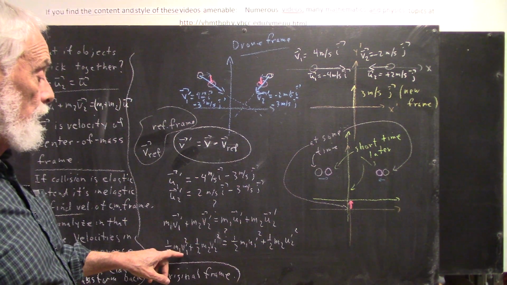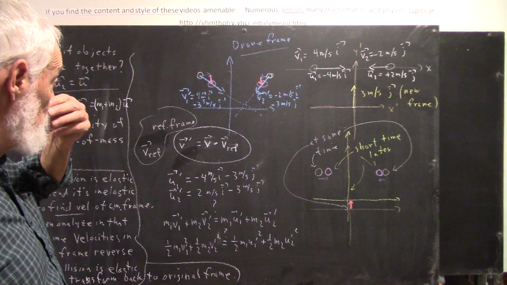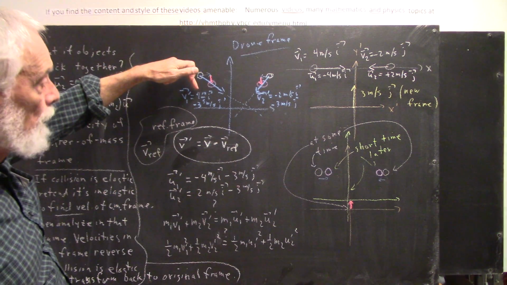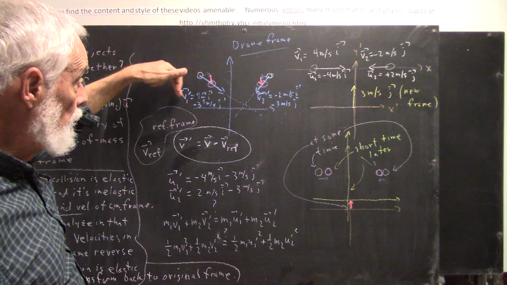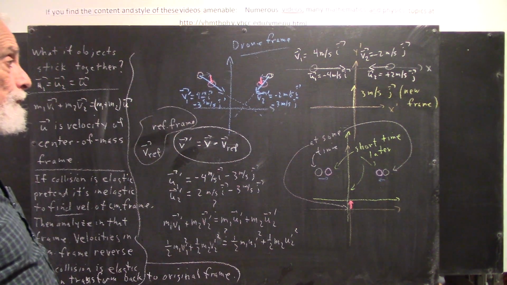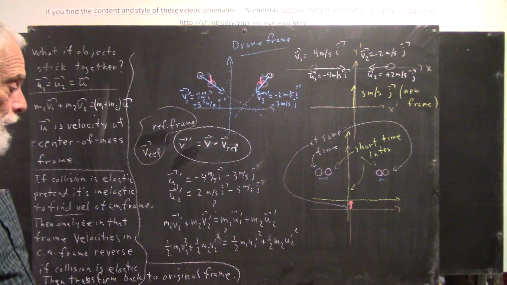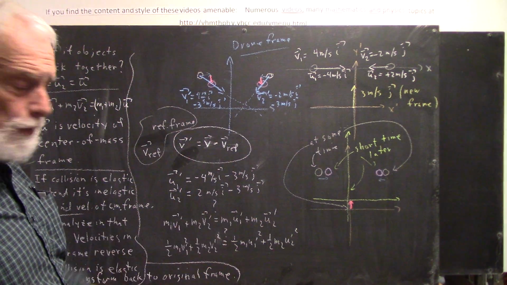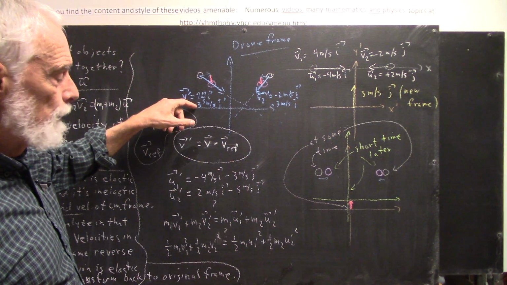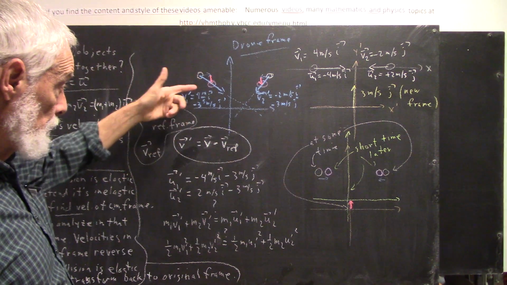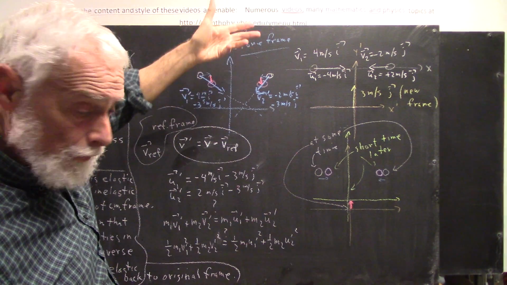Okay? Take the speed, the magnitude of this velocity v1 prime, and in this case, 4 squared and 3 squared makes 25, square root of which is 5. v1 prime is just going to be 5 meters per second. v2 prime is going to be what? Square root of 13 meters per second. But we're going to square those, so we don't have to worry about the square roots. v1 prime squared is going to be 4 squared plus 3 squared, 25 meters squared per second squared. 2 squared and 3 squared is 13.